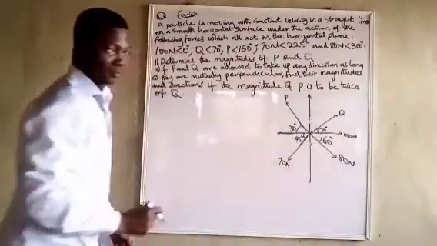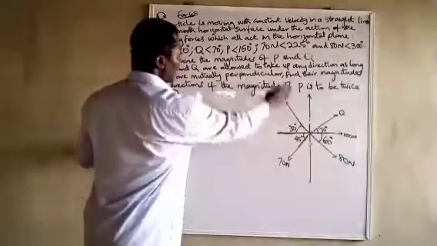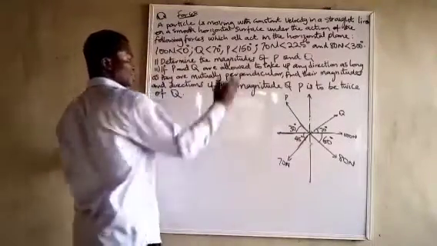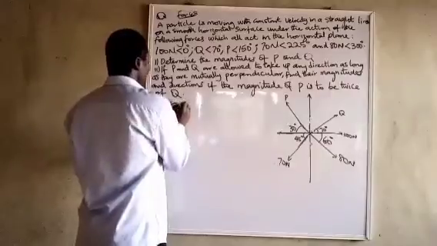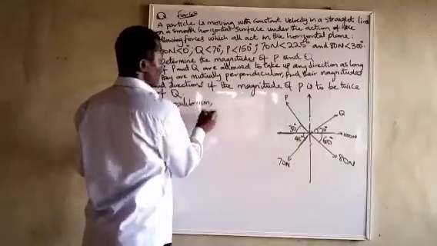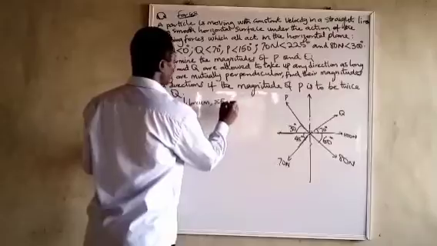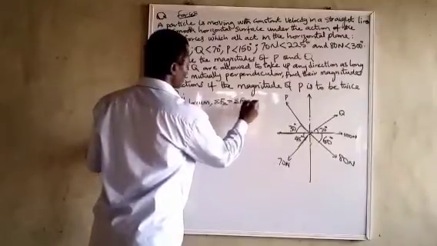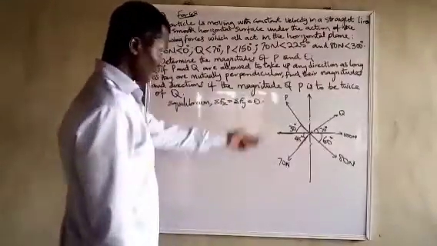Now for equilibrium, the x forces will be equal to 0, and the y forces will be equal to 0. So let's start from there. Equilibrium: summation Fx will equal summation Fy, which will equal 0. Now let us resolve it.